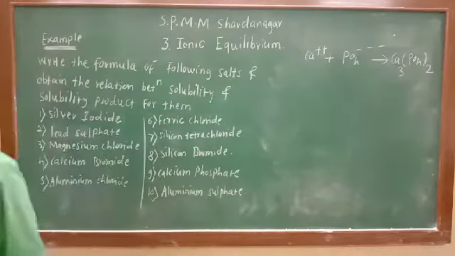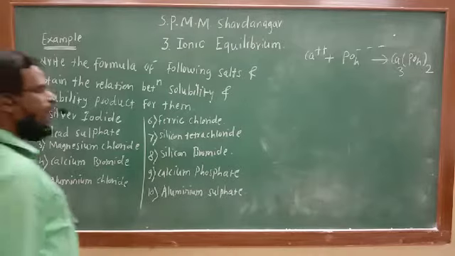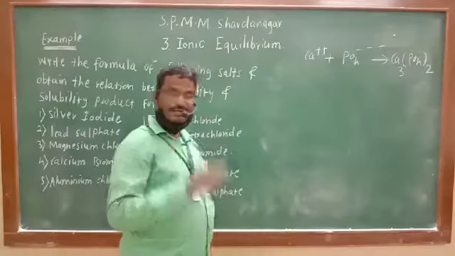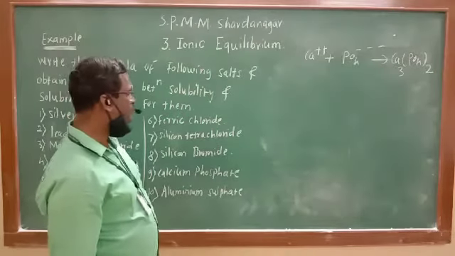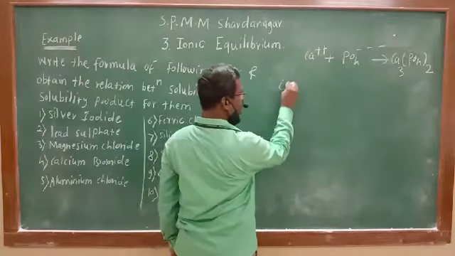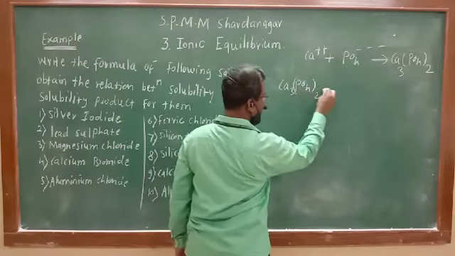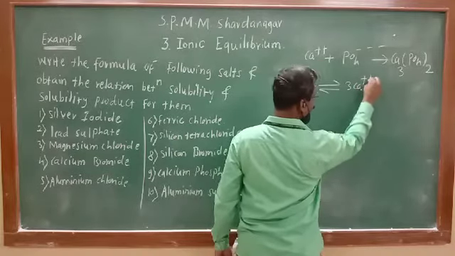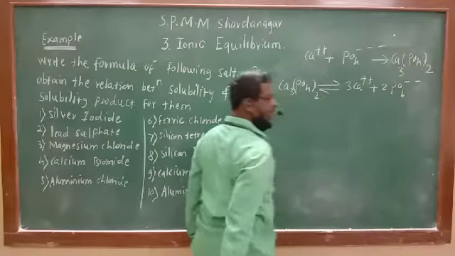Since we know the molecular formula, we can write the analysis. If we know the molecular formula of this salt, calcium phosphate, we can write the relation between solubility and solubility product. In the similar manner, Ca3(PO4)2 on dissociation gives 3Ca2+ plus 2PO4 3-.